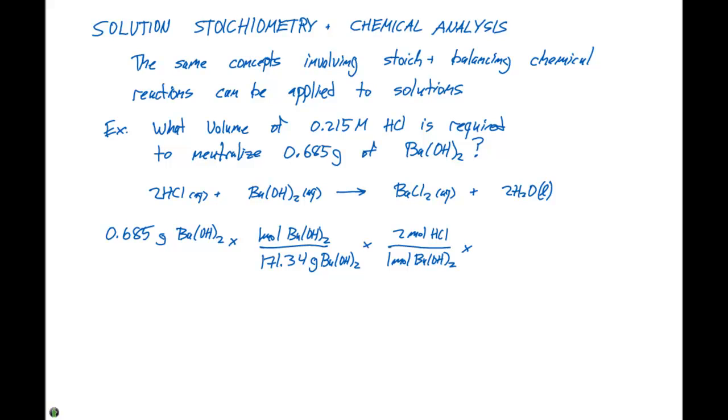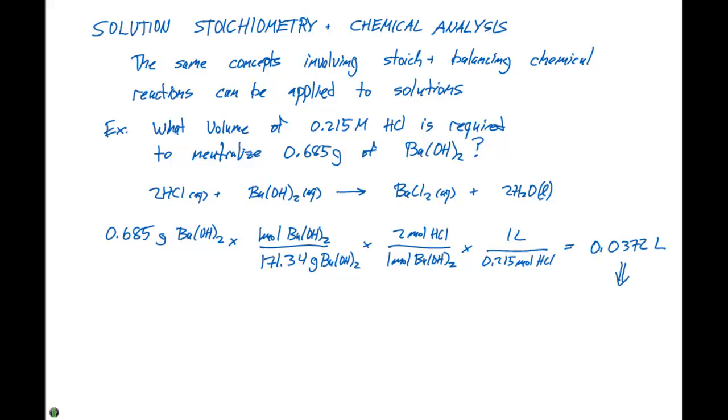We're given a concentration of 0.215 molar HCl. So that means we have 0.215 moles of HCl per every liter of solution. So when we go through and calculate this, we get 0.0372 liters.